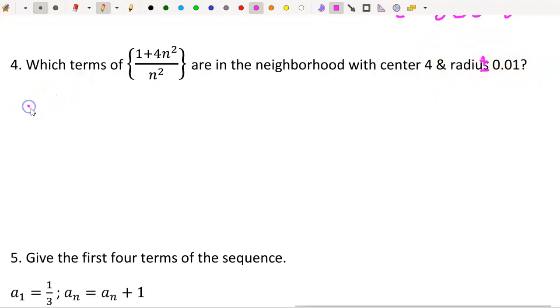So we come up with our two values. So we're going to have 3.99 less than our function, 1 plus 4n squared divided by n squared, less than 4.01.